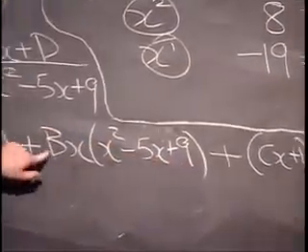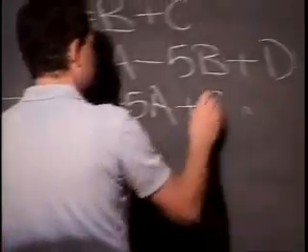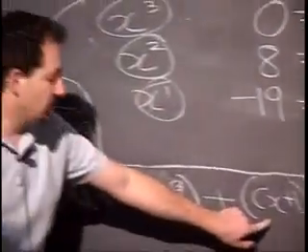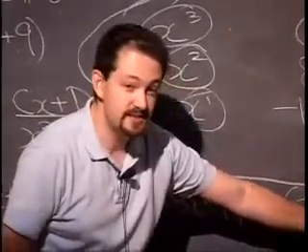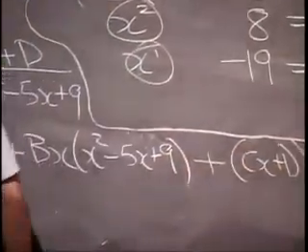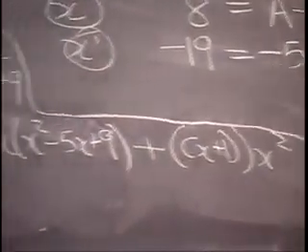So that will give you 9b as a coefficient. How about from here? There's no x term because you're going to get already x squared times cx and d times x squared. There's nothing smaller than x squared from there. So those are the complete set of equations.